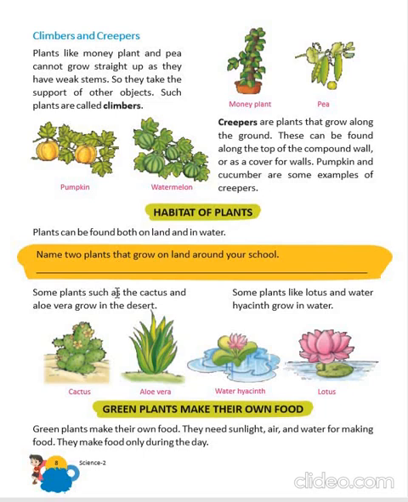Some plants such as the cactus and aloe vera grow in the desert. Some plants like lotus and water hyacinth grow in water. So that is known as the habitat of plants, where the plants can survive.